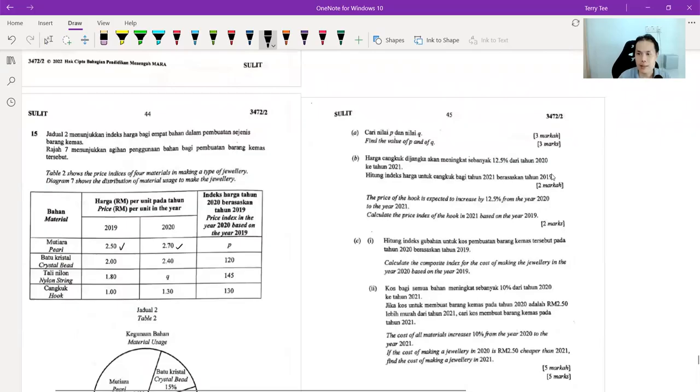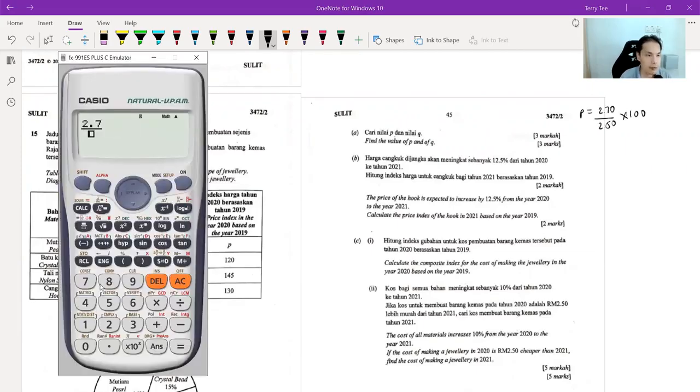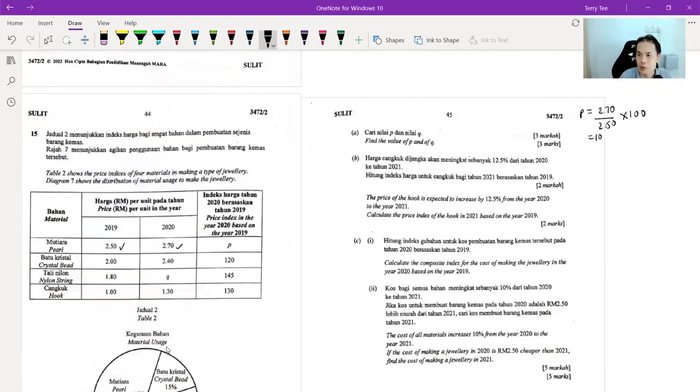So the price index for your pearl, P, we take 270 divide by 250 times 100. Very simple. Calculator, 270 divide 250 times 100. That will give us 108, right? So this is straightforward, 108.